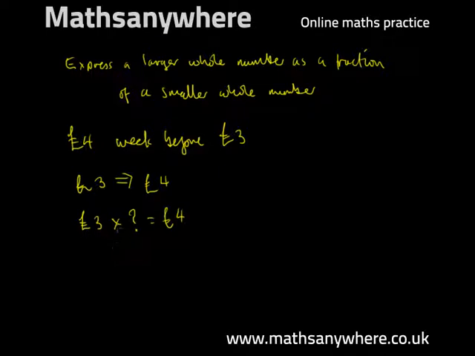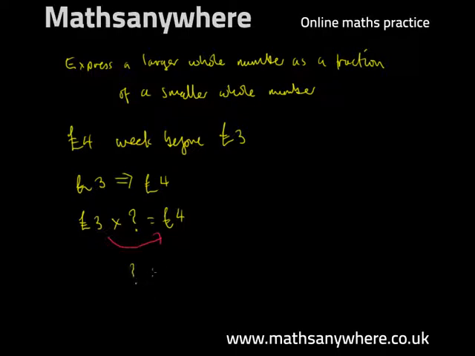So £3 times something is £4. We can find that a number of ways. Perhaps the easiest way is to take the £3 over the equal sign, and when we take the £3 and the times sign over the equal sign, it becomes a divide by.